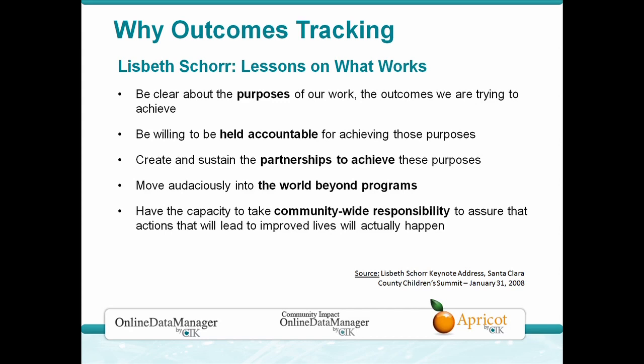In my next webinar next week, on the 29th, I'm going to talk more about how we go beyond the world of programs to achieve greater impact. And finally, we have to have the capacity to take community-wide responsibility. And so I'm going to talk a little bit about the difference between community-wide issues and programming issues.